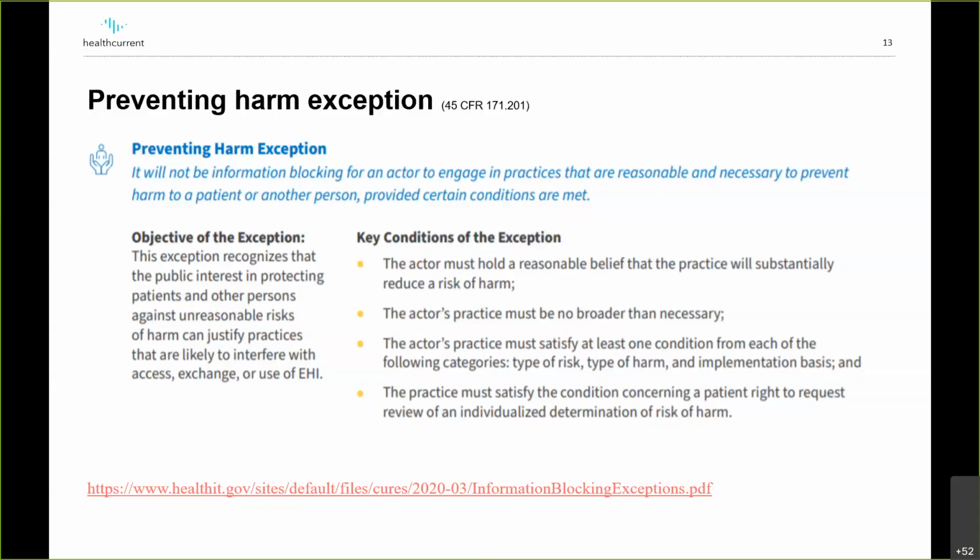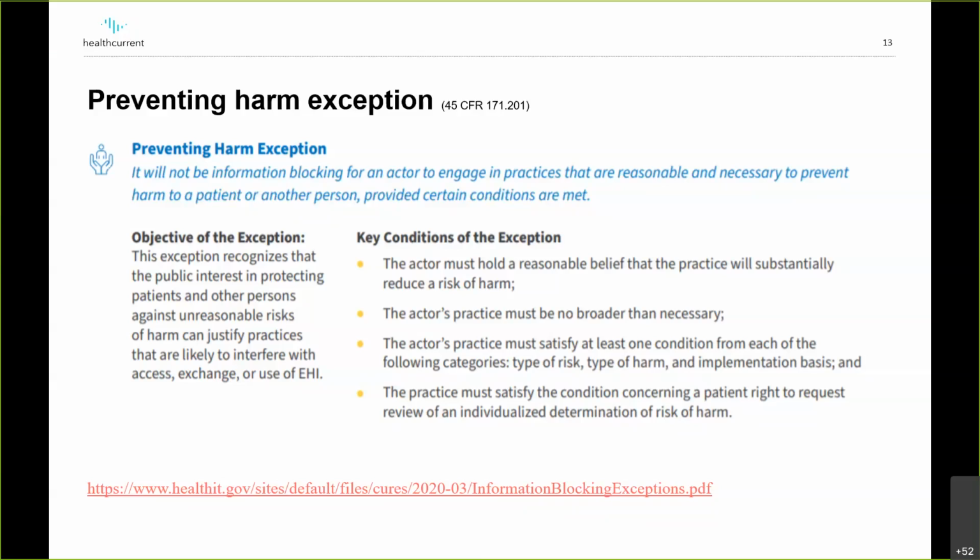So a good example of this might be if in your electronic medical record you have information about domestic violence that your patient might be facing. And let's say there's a patient access request. She's requesting access to her medical records, but you're very concerned because you know her partner, who you suspect of domestic violence, is going to be looking over her shoulder or is going to have access to these medical records.